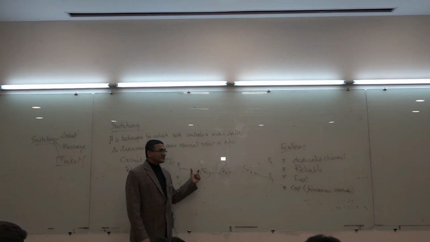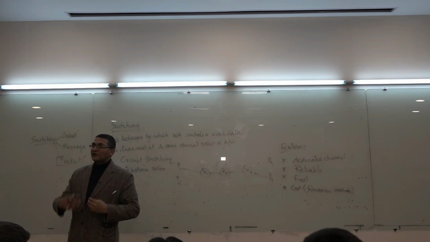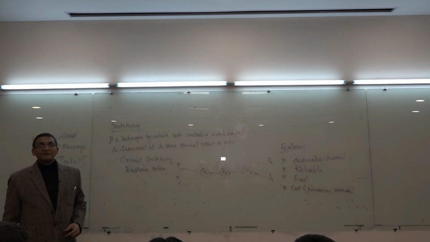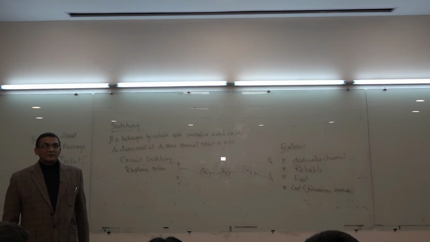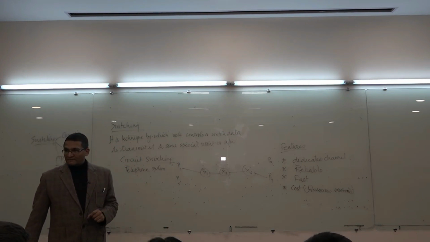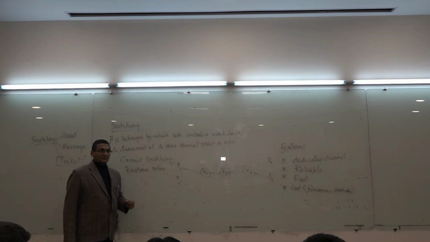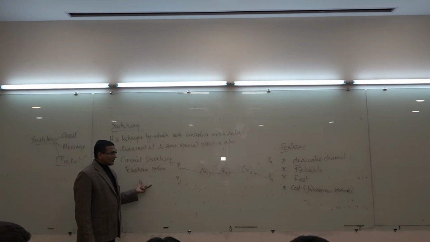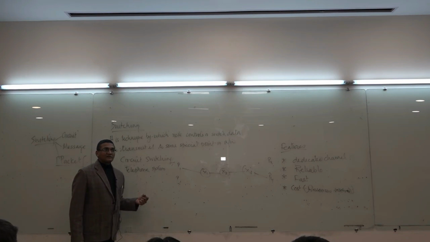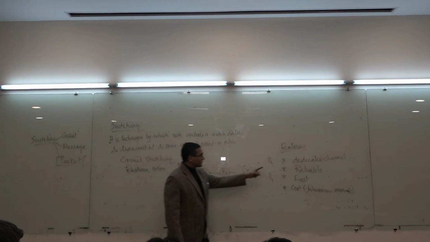If we apply this in the internet, if two people are communicating, we cannot block the entire channel, it should be open to everyone. So this is not what we use in our present internet system, but it is sometimes required. Why is it required? Because of these features.